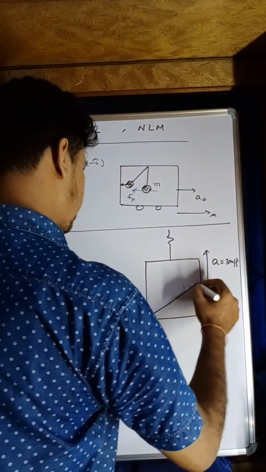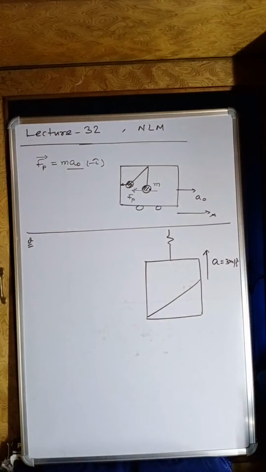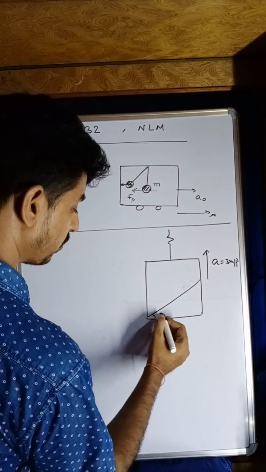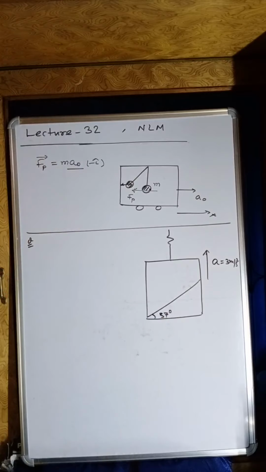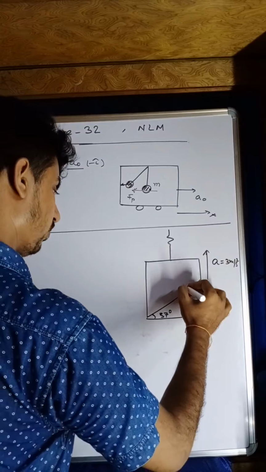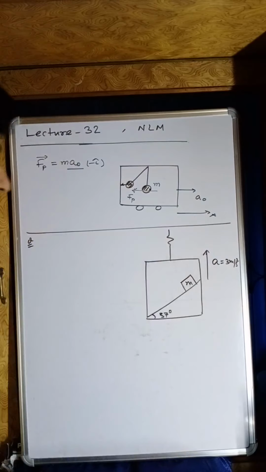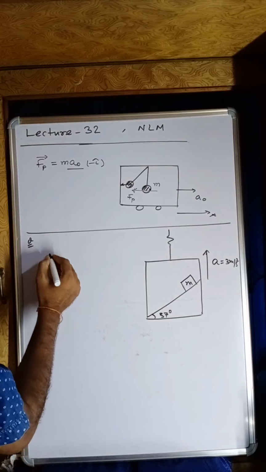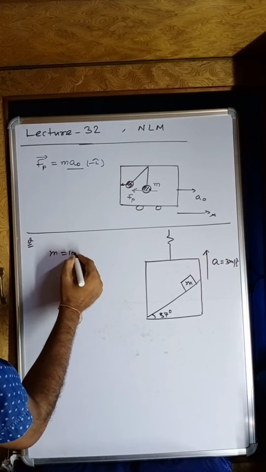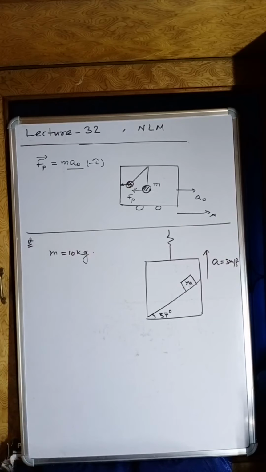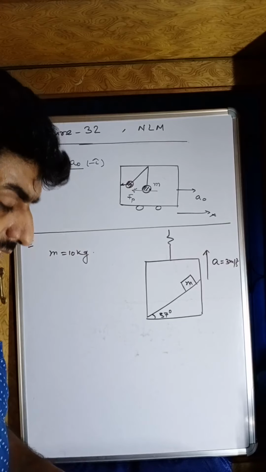A wedge of inclination, suppose 37 degree, is kept inside the elevator, and a mass m is kept over it. Here m is 10 kg, suppose. Now you have to find the acceleration.